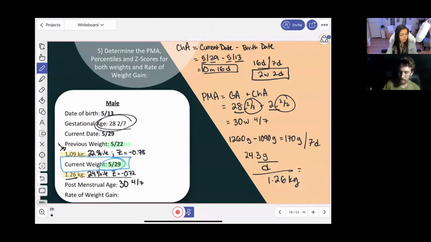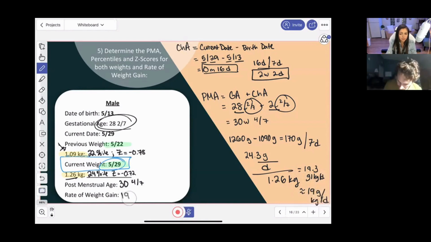That gives us a rate of weight gain of approximately 19.3 grams per kilogram per day. We're just going to round that down to 19 grams per kilogram per day. So let's write that in here. There you go. Perfect.